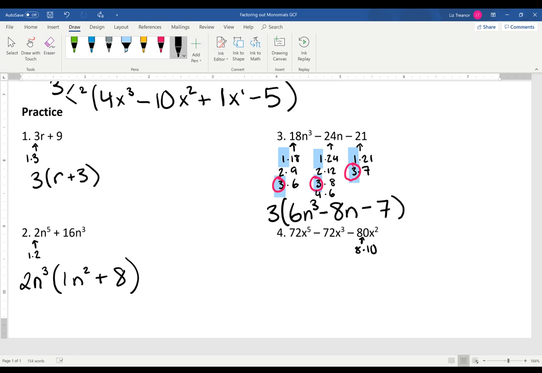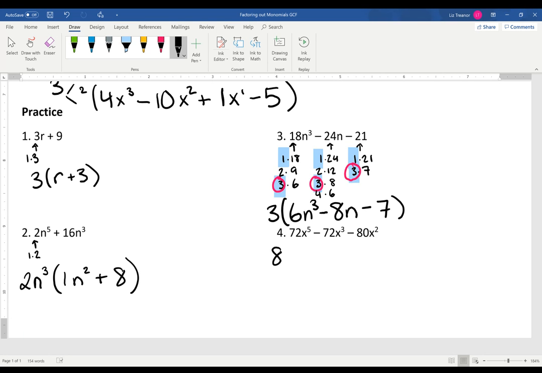Because 80 is a multiple of 10. And 72 is just 8 less than 80. So 8 times 9, 8 times 9. So I just looked at that pretty quickly and realized that 8 is a factor of everything. So I'm going to factor out an 8.